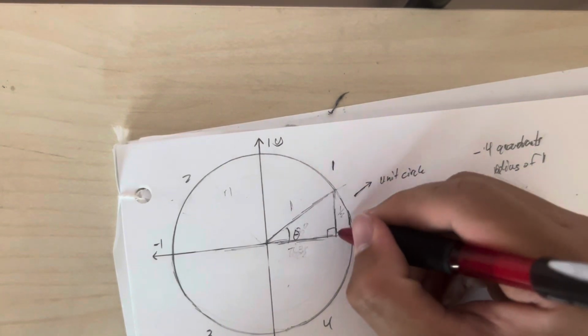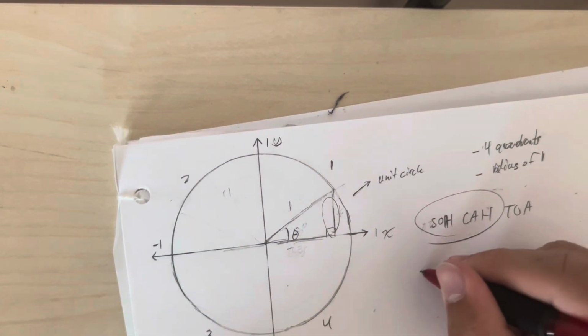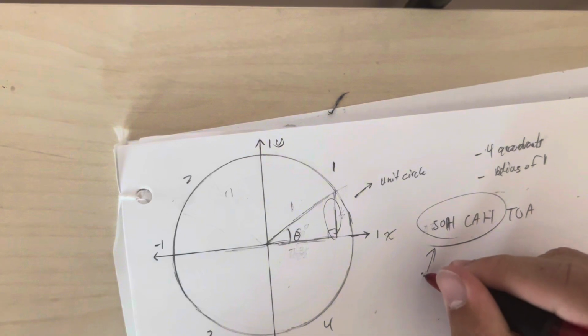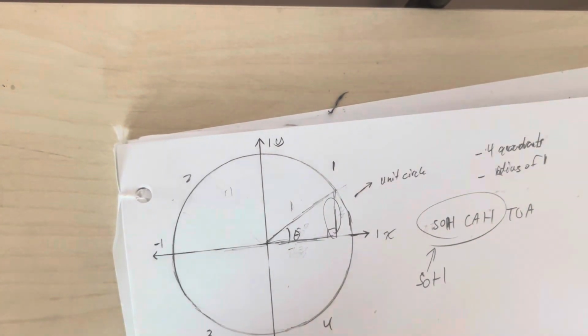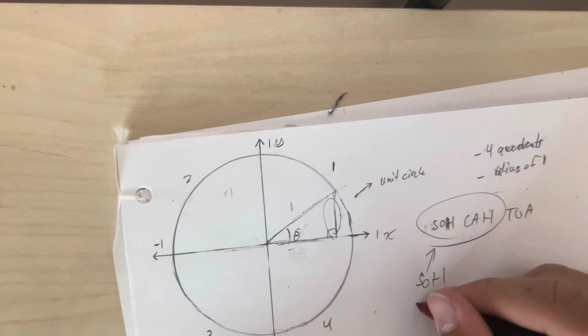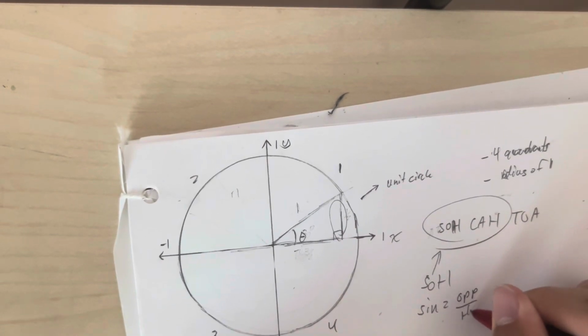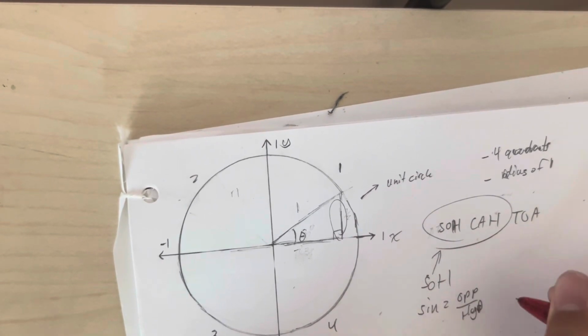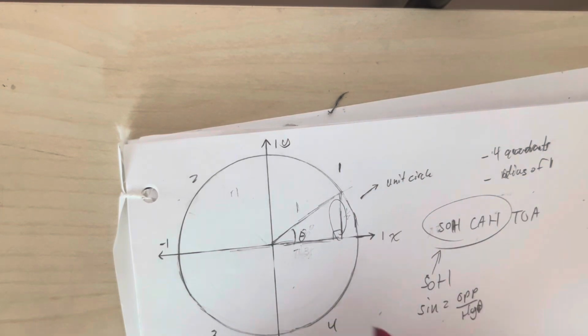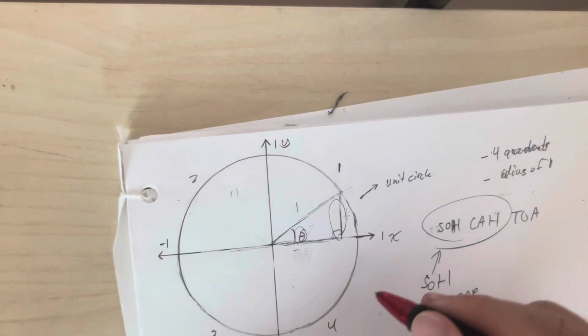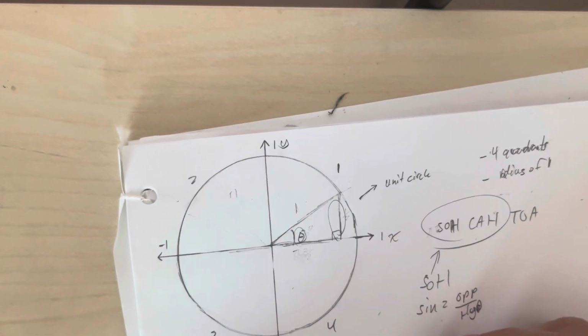So if we want to find the length of this, we can recall the SO. Now, what is SO? Well, that means sine equals opposite over hypotenuse. And we're using the sine of this angle. So the hypotenuse, what do we know about the hypotenuse? Hypotenuse is 1.